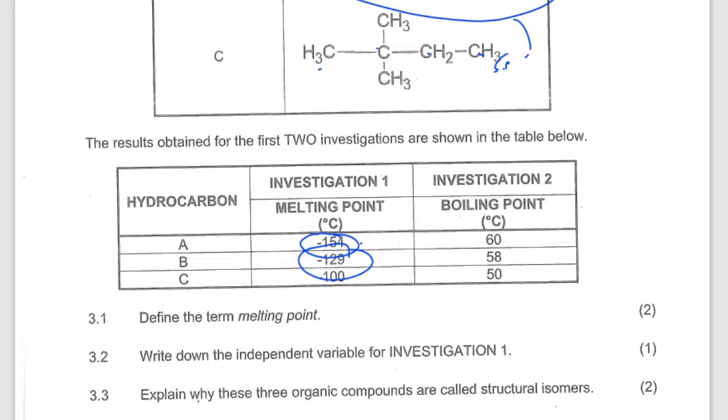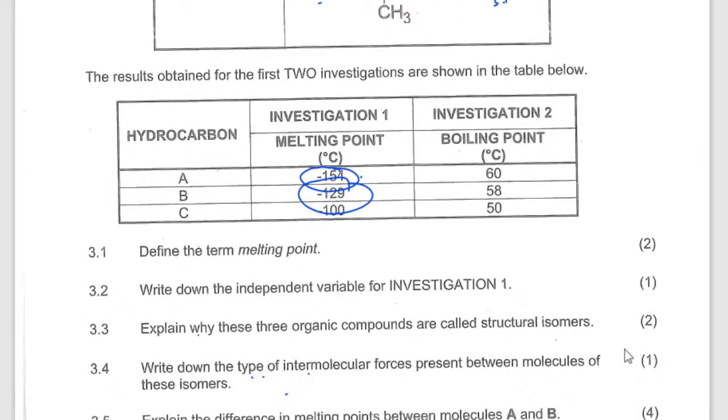As I say, in the case of the melting point, when the branching is happening, you're going to have strong intermolecular forces of attraction. So the melting point becomes more positive than more negative. And it is the reverse for the boiling point.